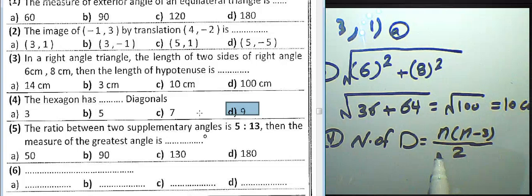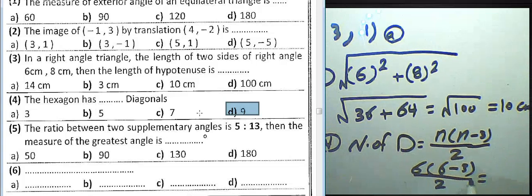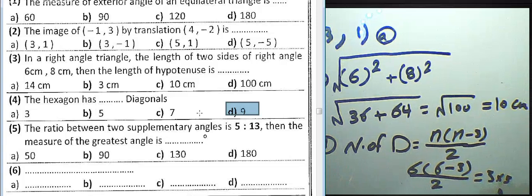How many sides in a hexagon? 6. 6 multiplied by (6 minus 3) over 2. 6 divided by 2 equals 3, and 6 minus 3 equals 3. 3 times 3 equals 9. The number of diagonals will be 9.